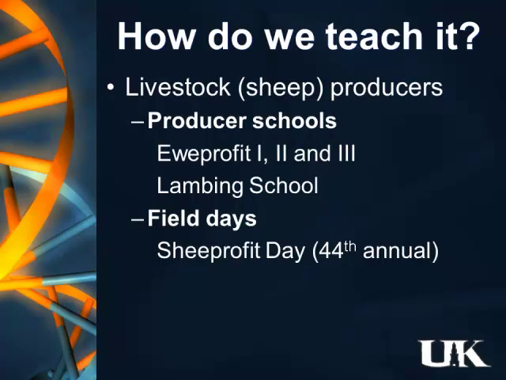Okay, so we'll skip on then to our livestock producers. We do 3 U-Profit schools at the University of Kentucky, U-Profit 1, 2, and 3, and then we do a lambing school. In addition to those, we have several field days coming up next month. We're going to have our 44th annual Sheep Profit Day. These are all opportunities for communicating with producers on a regular basis.